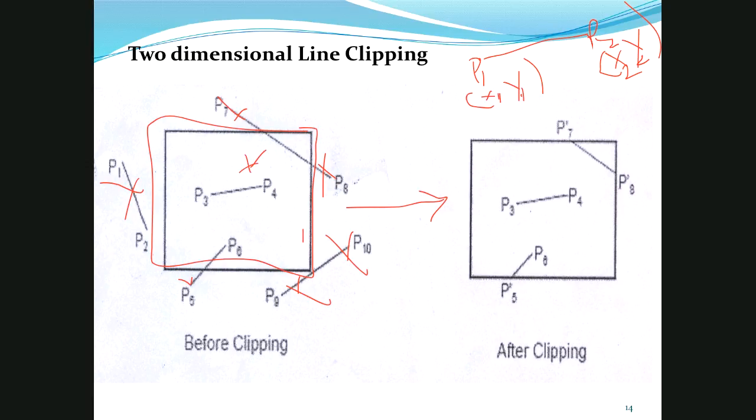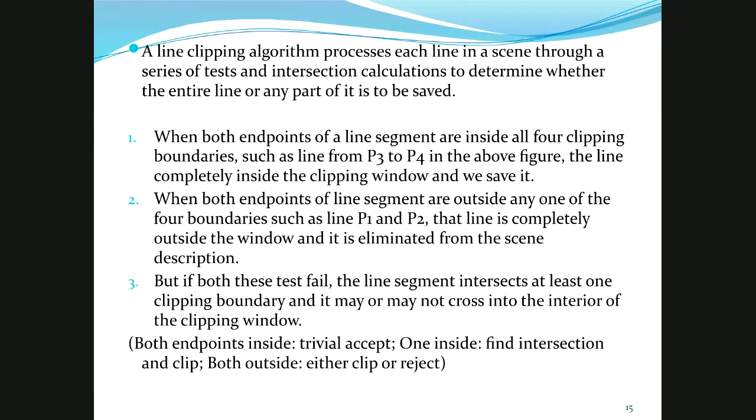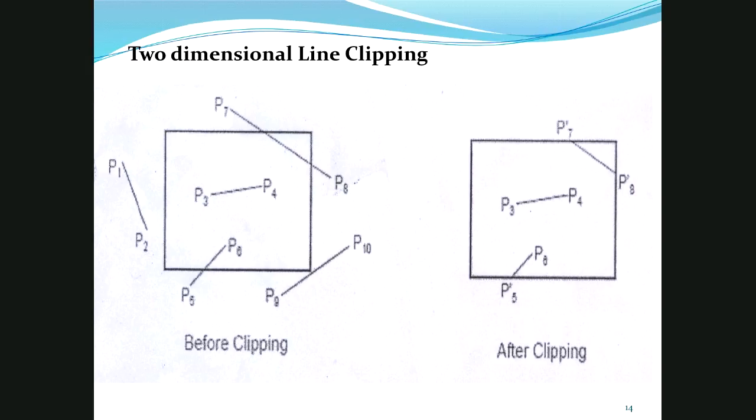Here is the explanation of the line clipping algorithm: if both endpoints of a line segment are inside your boundary, that line can be shown as output. So if you want to do clipping, you make one boundary, and whatever lines are present inside the boundary is your output after performing the line clipping algorithm.